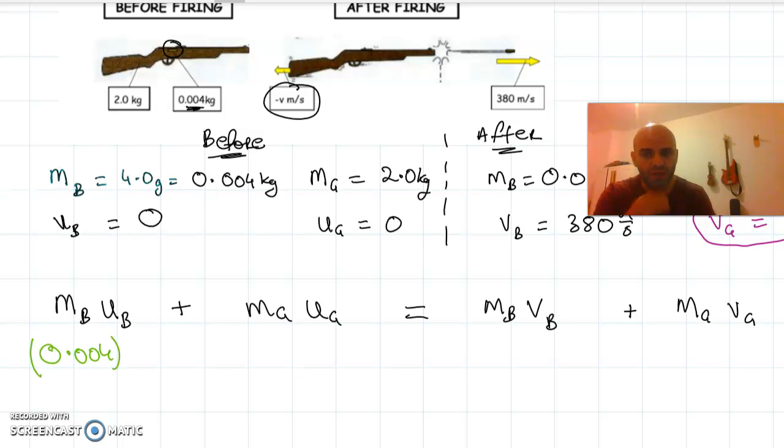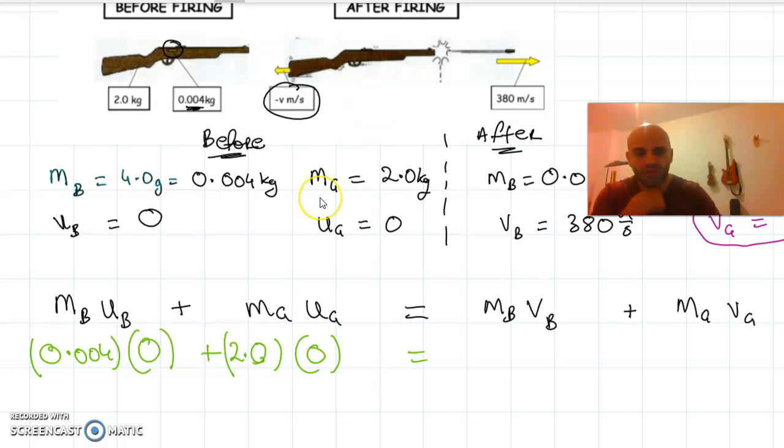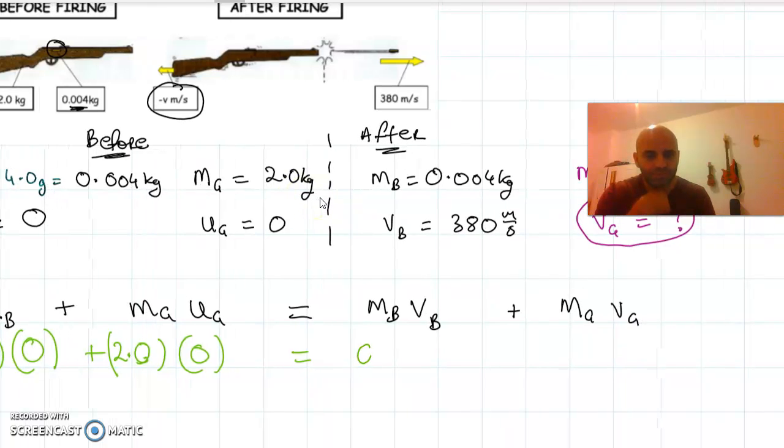I'll plug in the numbers. The initial speed of the bullet is 0, plus 2.0 kilograms for the gun times 0 meters per second, equal to the mass of the bullet, 0.004.